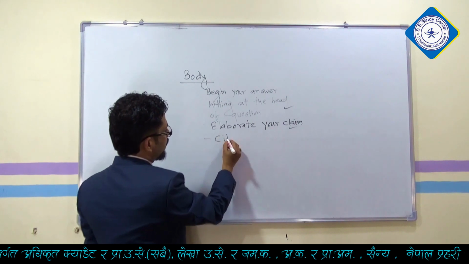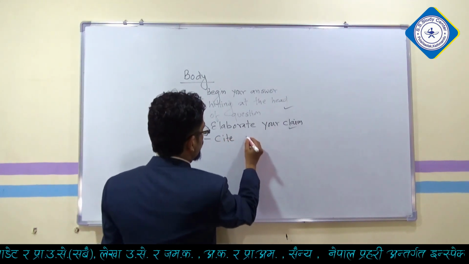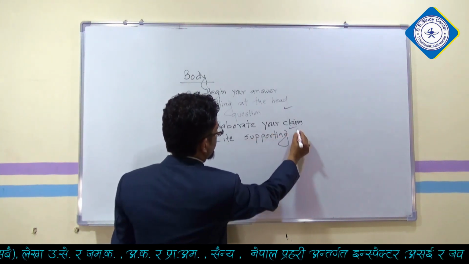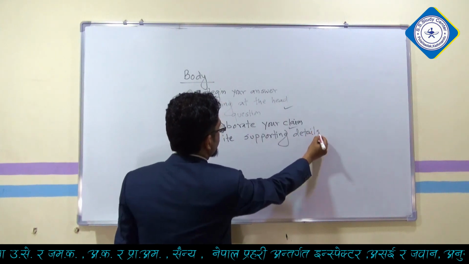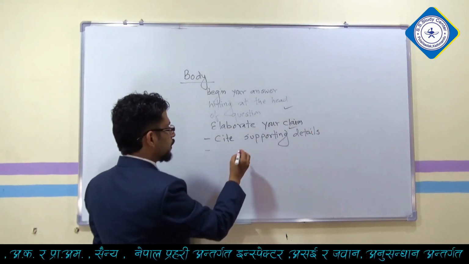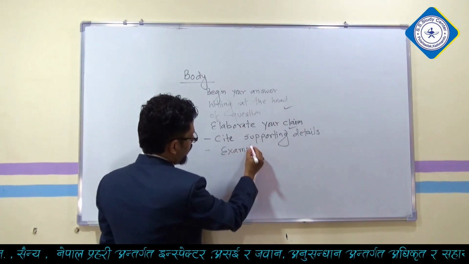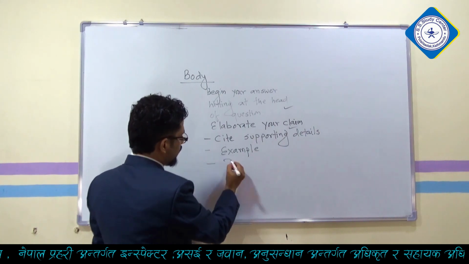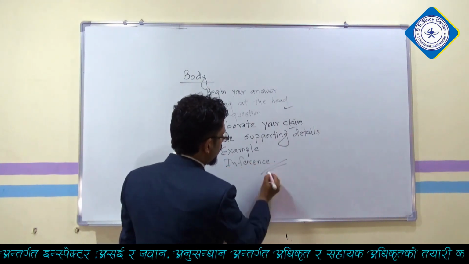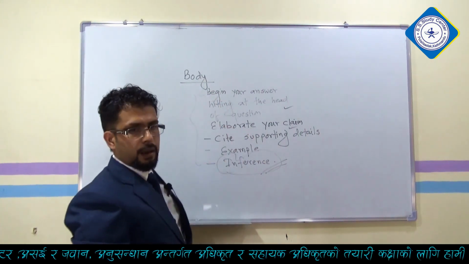While elaborating, bring the citation, cite supporting details, and you can bring the supporting details from the text. And again, you can also write an example, and finally you make an inference, that is the conclusion, what you want to say. So these elements we are going to apply.